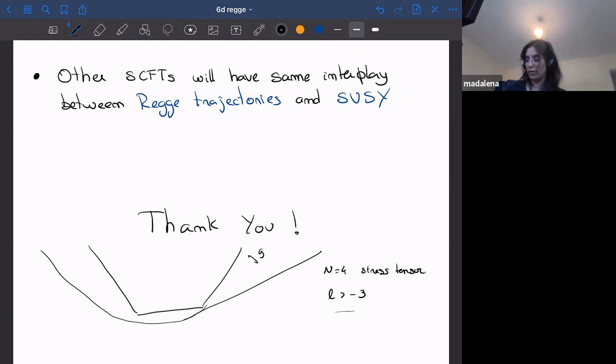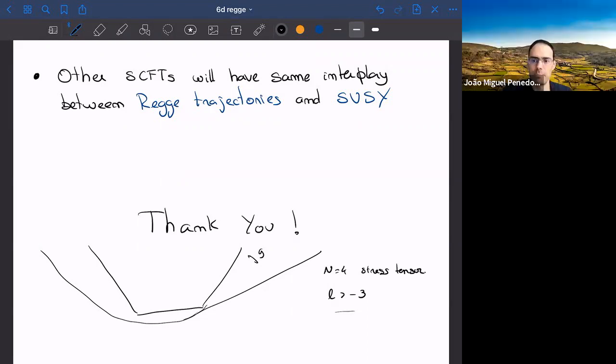So it really looks similar, and again the stress tensor should be the spin -2 operator, which fits with the literature. I don't think I have anything smart to add about tuning the coupling there. Thank you.